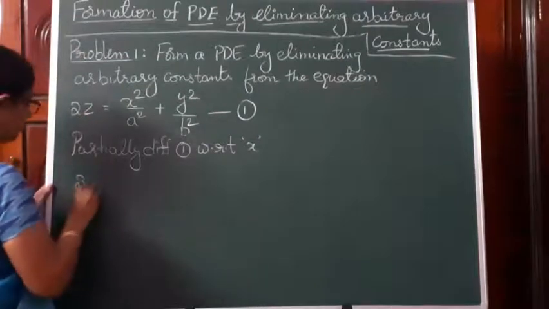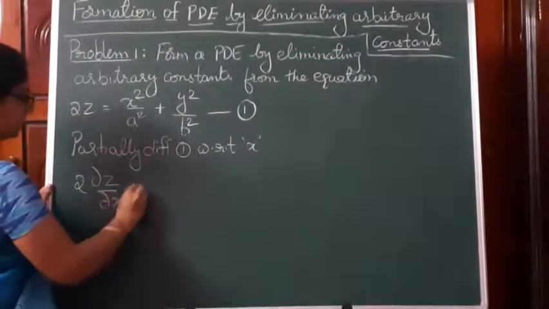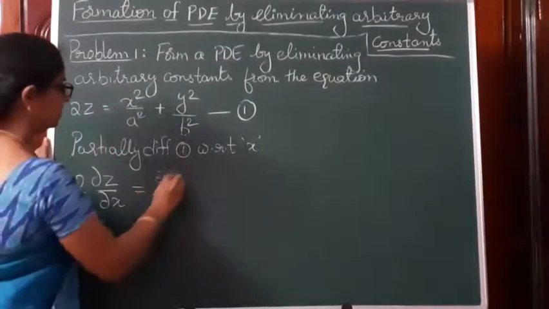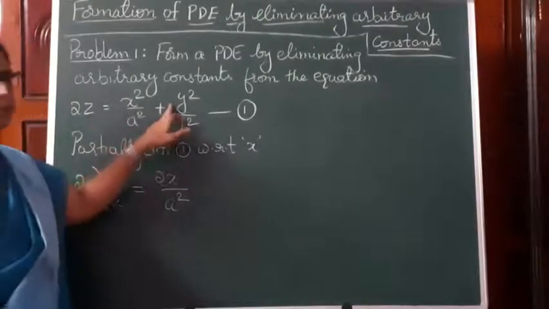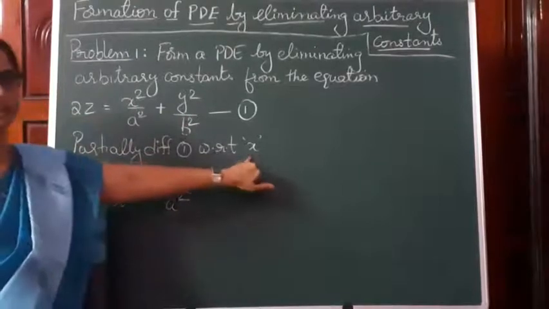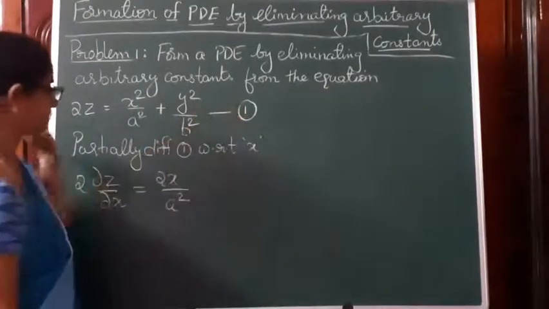2 into dou z by dou x is equal to the derivative of x square, which is 2x, by a square (a square is constant), so 2x by a square. The derivative of y square is 0 because we are partially differentiating with respect to x, so y is constant.